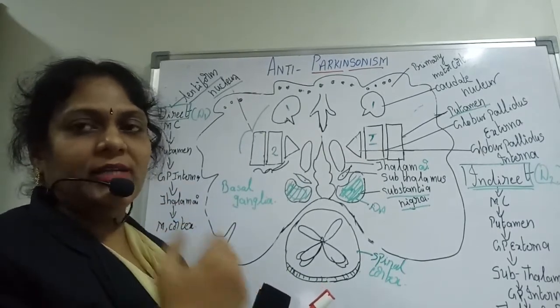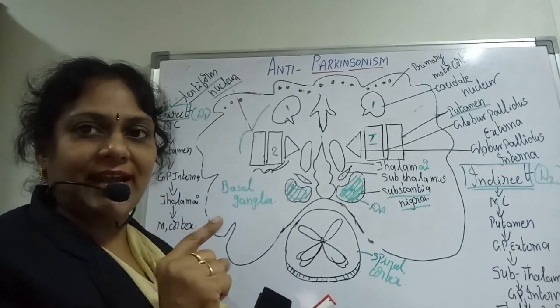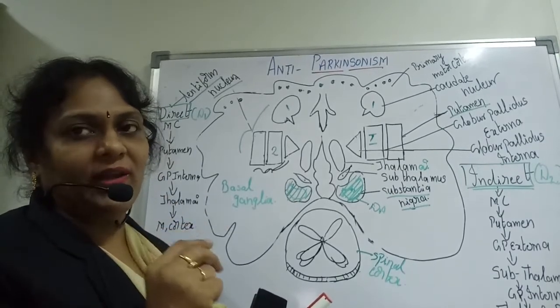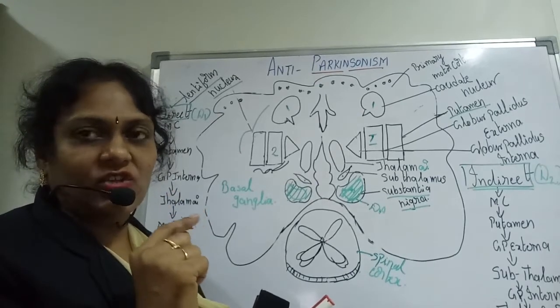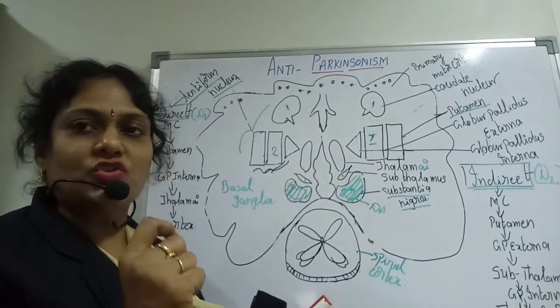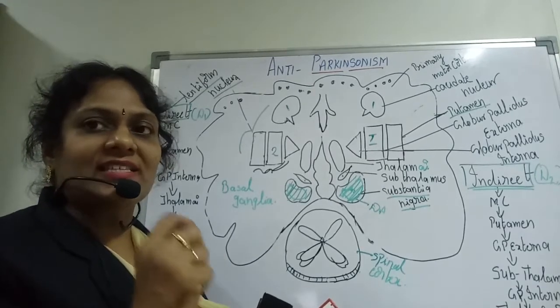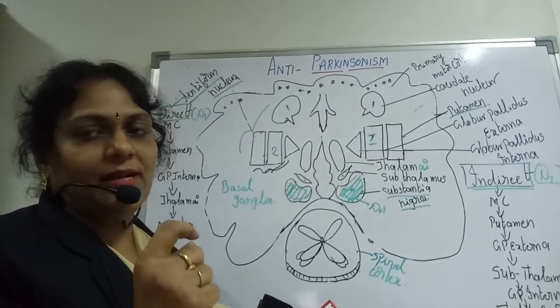What are those pathways? The first is called the direct pathway, and the second one is called the indirect pathway. The direct pathway is called the corticostriatal pathway, and the indirect pathway is called the nigrostriatal pathway.